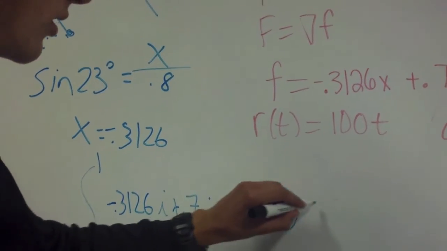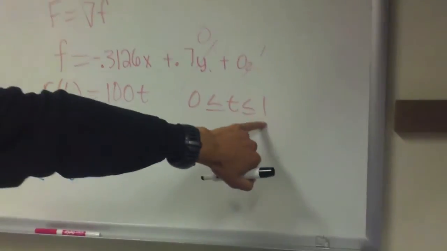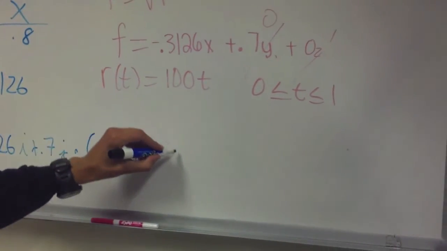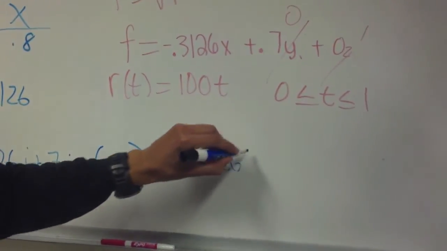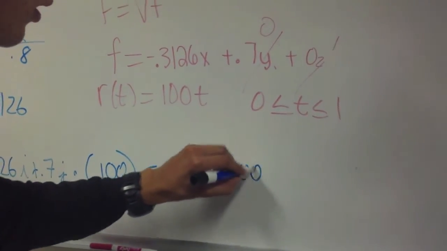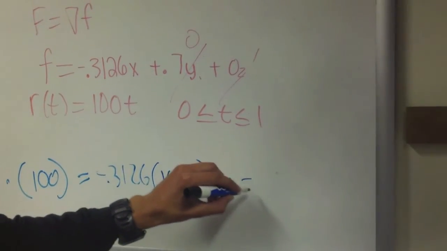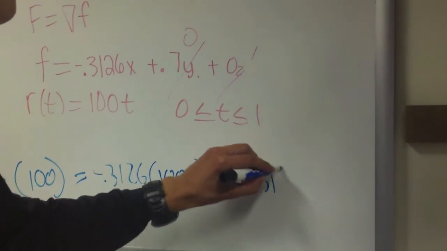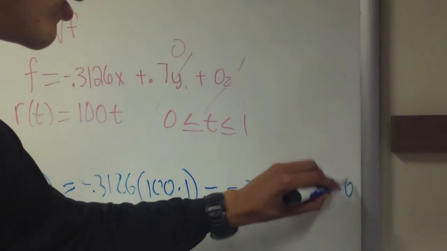So dotted with 100 is going to equal f of r of b, where our b is equal to 1 and our a is equal to 0. So it's negative 0.3126 of 100 times 1, minus negative 0.3126 times 100 times 0.